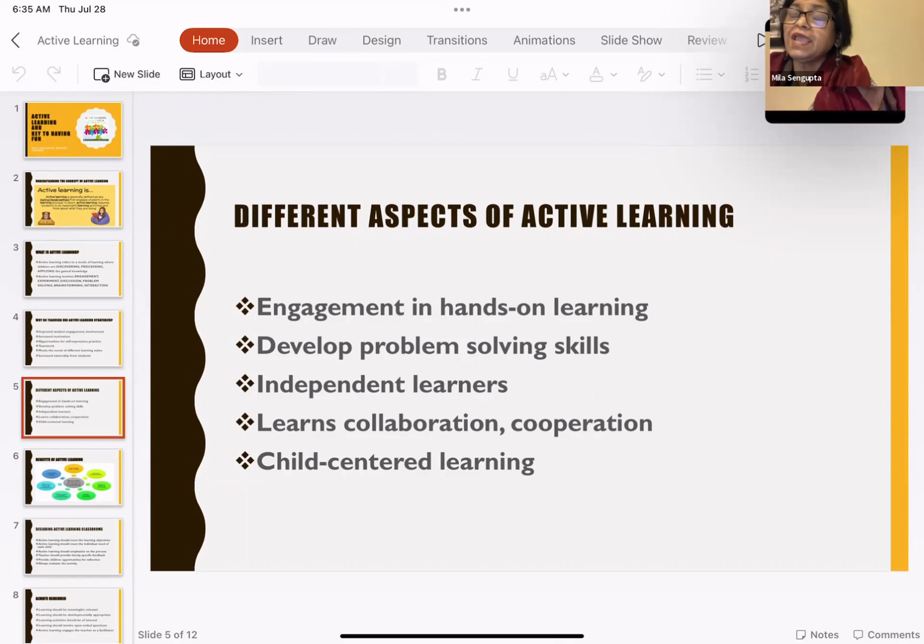As we say, active learning creates lifelong learners. They have the urge or the interest to keep on learning. No one else has to provide anything, forcefully or by pushing them to participate. It is their own liking and their own interest that prompts them to be participants.